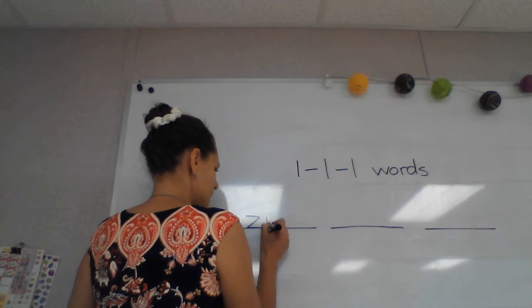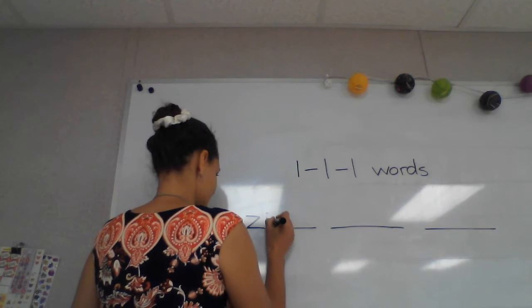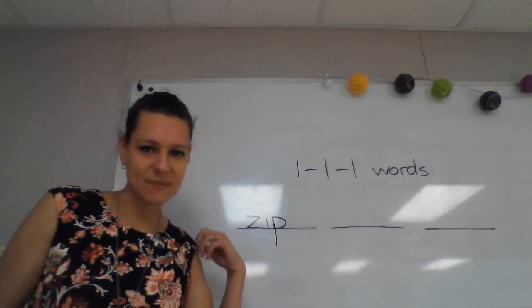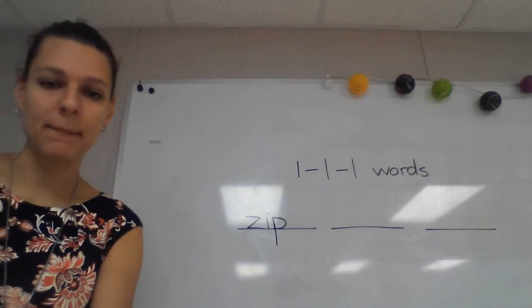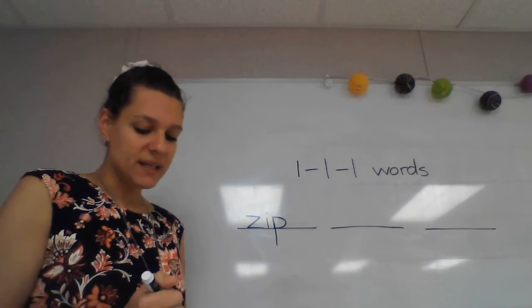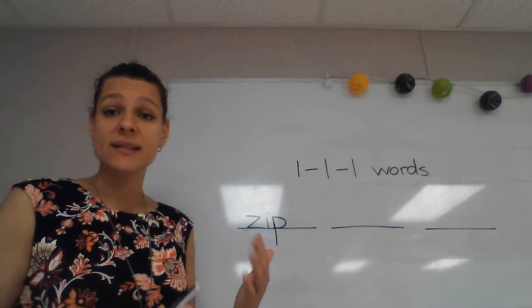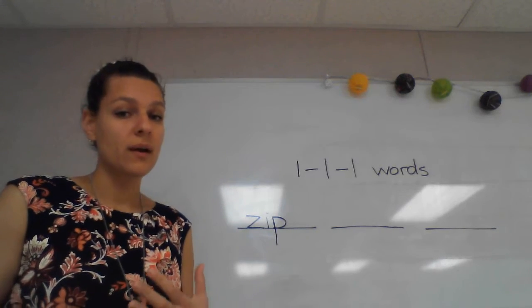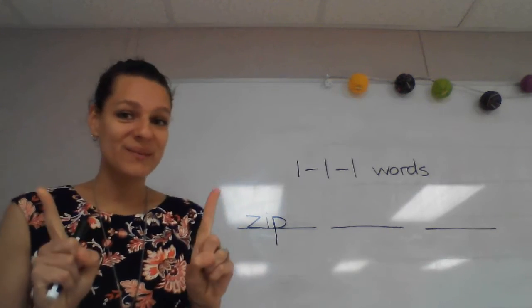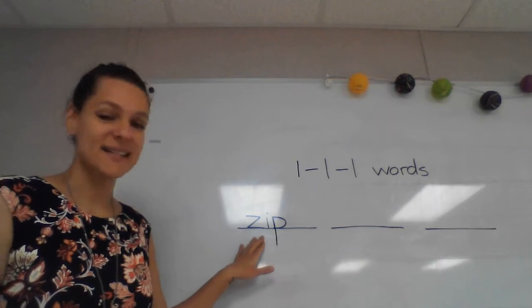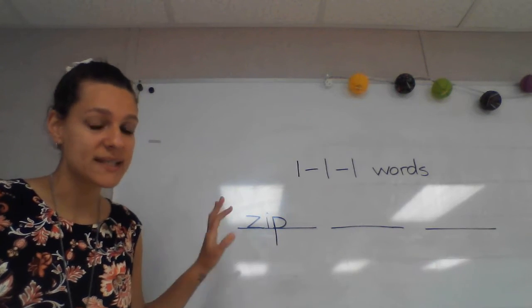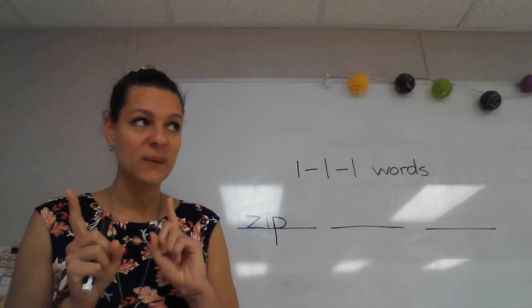Did you need to mark anything? Nope, there was nothing to mark there. All right, zip. Now, the word that we did in our spelling words today was zipper. Before we do that, I'm going to use zip in a sentence, and I want you to tell me if it is a noun or a verb.